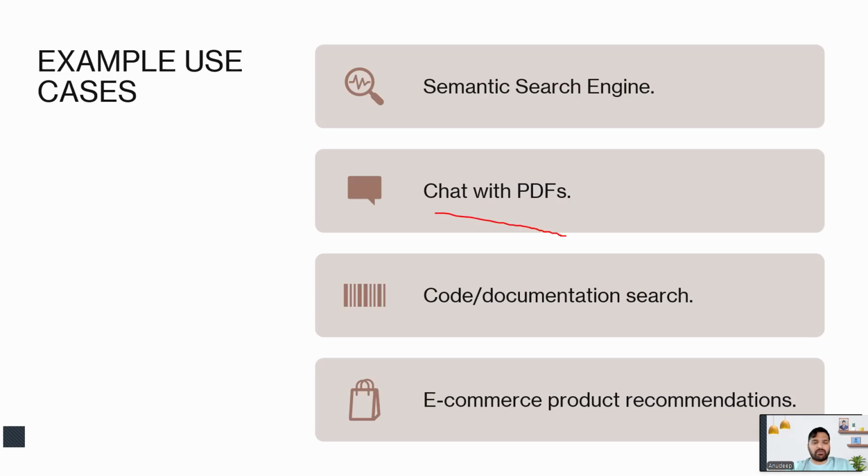We have been talking about it. Then there is code or documentation search. Sometimes we have too many repos and want to search for a particular code from among multiple code repositories. Then there are e-commerce product recommendations. I spoke about YouTube, but you can also think about Amazon. It also works on this concept.